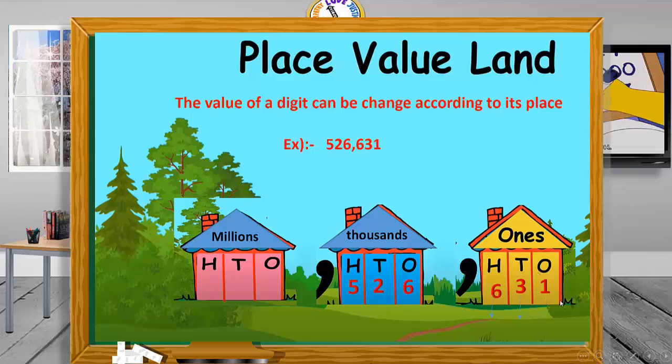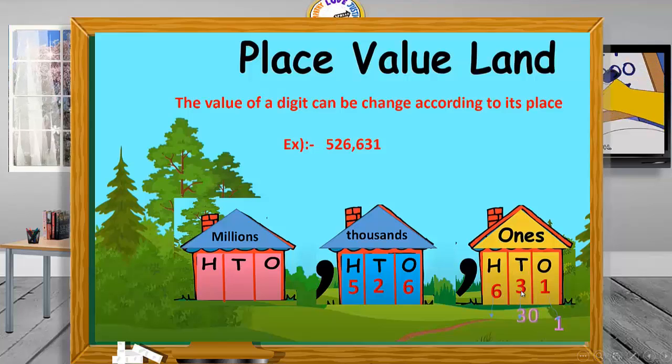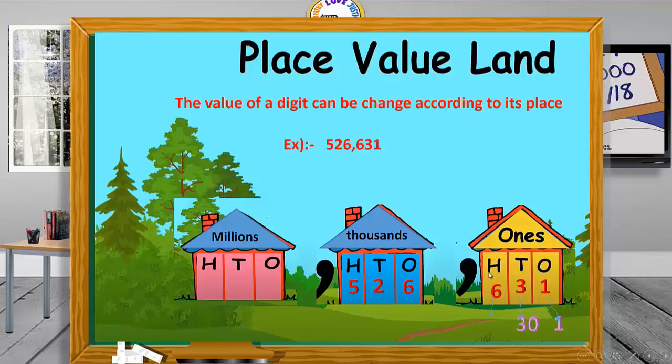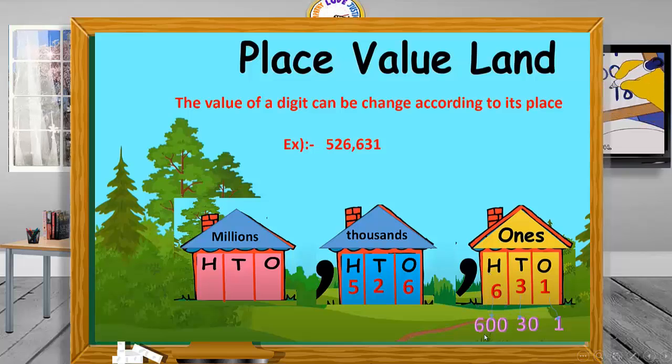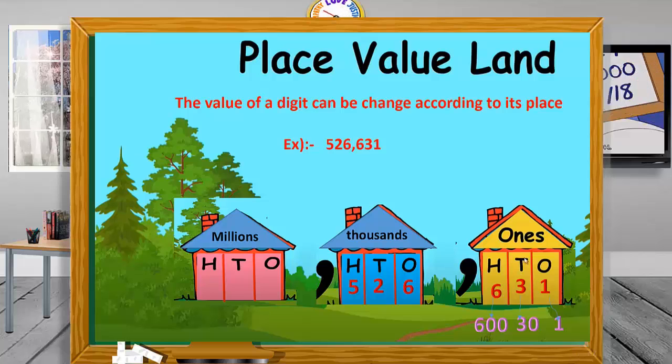We will see now. 1 in the first room in the first house equals 1, so we write 1 here. 3 in the tens place means 30. 6 in the hundreds place means 600.